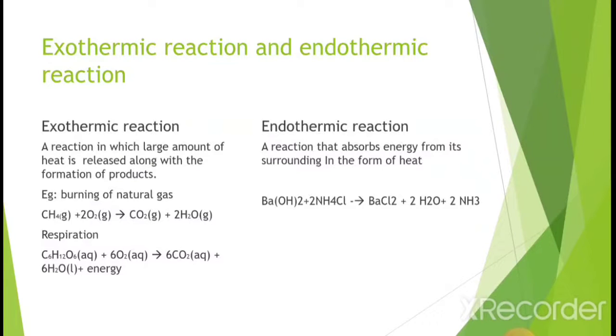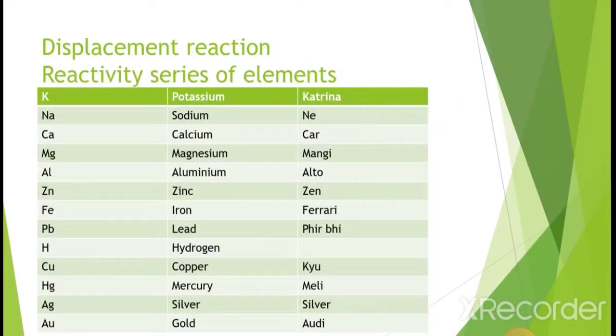If I can, I will share it with you all. And next, so far we have studied two types, combination reaction and decomposition reaction. Now next we are going to learn about the displacement reaction. In that, the main thing you have to learn is the reactivity series.